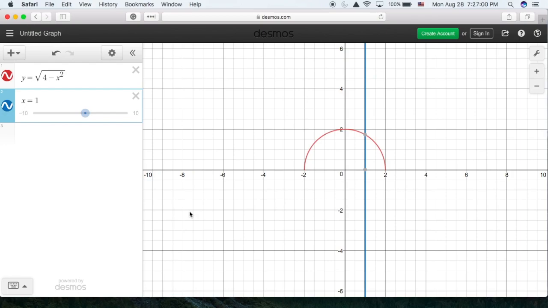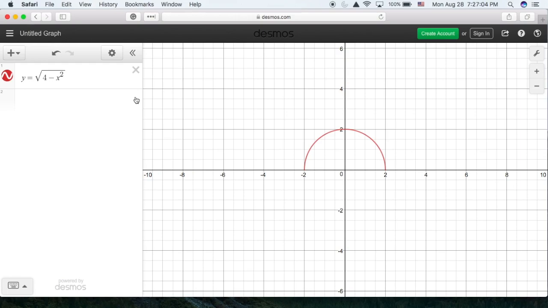But the other thing that I can do along that line, I'll get rid of that vertical line, is I can immediately see the range of this function. If you'll remember from previous courses, the range of a function is the set of all the y values that have a corresponding x value. So here, I can definitely see we go between 0 and 2.